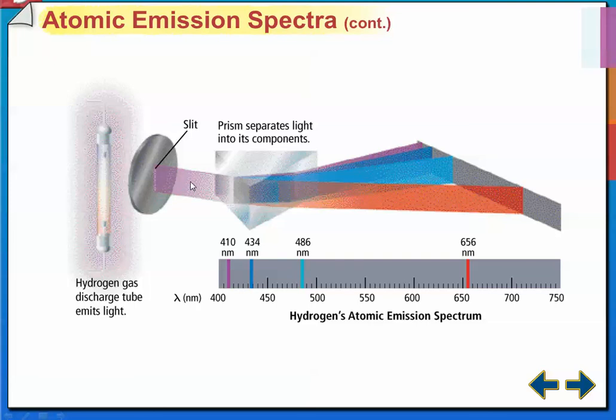It emits a little purplish light. If we break that up through a prism, we get the atomic emission spectrum for hydrogen at these certain wavelengths. These are in nanometers, nm, 10 to the negative 9th meters. You get these 4 specific wavelengths that we can see. There are other ones we can't see, but these are the ones we can.